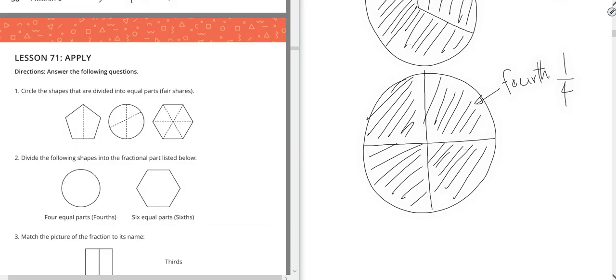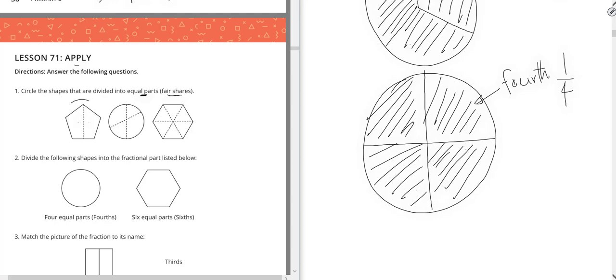Turn your page. Lesson 71, apply. Answer the following questions. Number 1, circle the shapes that are divided into equal parts. Okay, equal parts means fair shares. Okay, shape number 1, it's divided into 2 parts and they are equal.